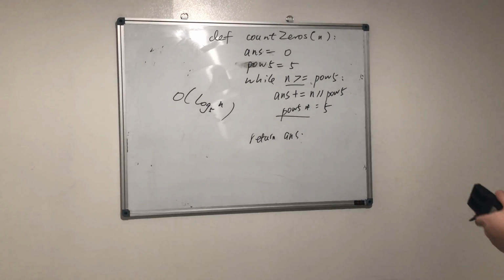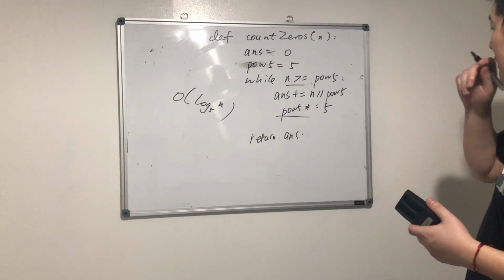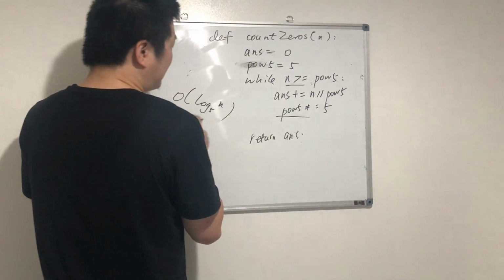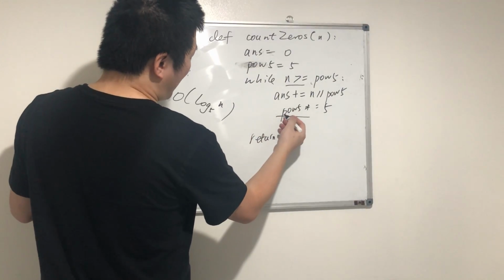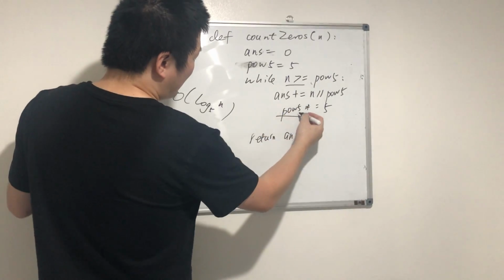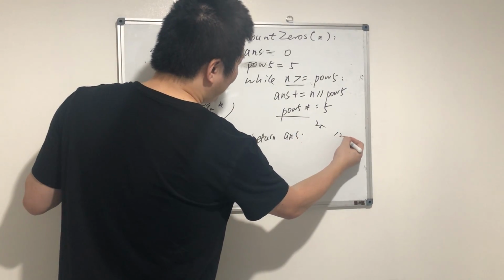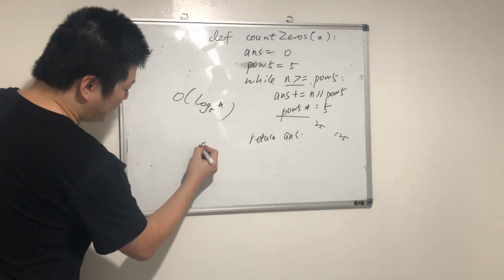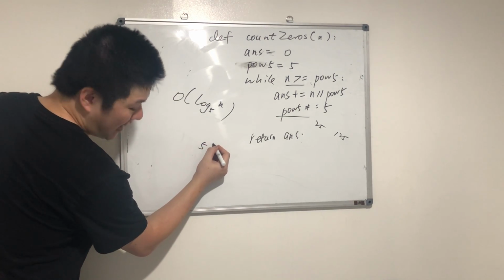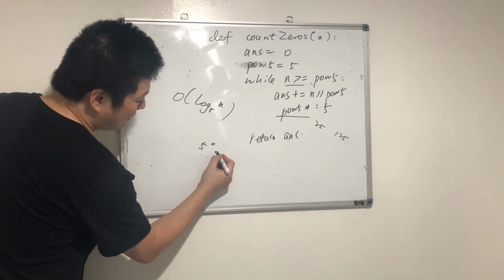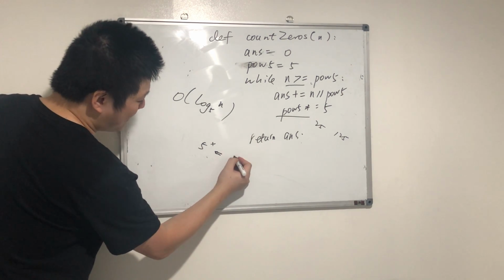This is basically the same as before, because every time it's 5, and then the next one is 25, and the next one is 125, right? So every time it's 5 to the power of x, which should be smaller than or equal to n, right?